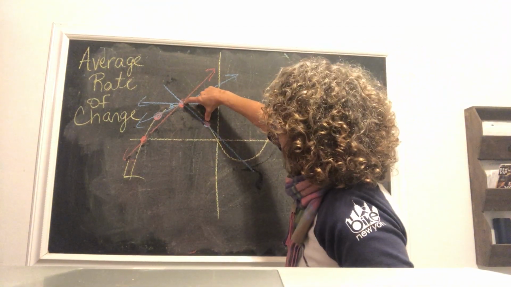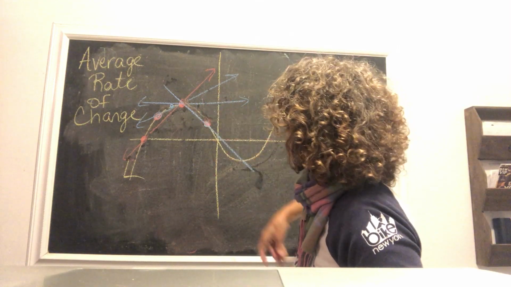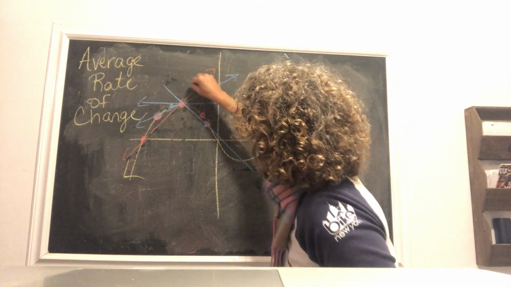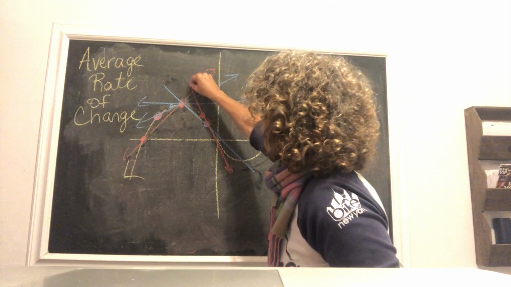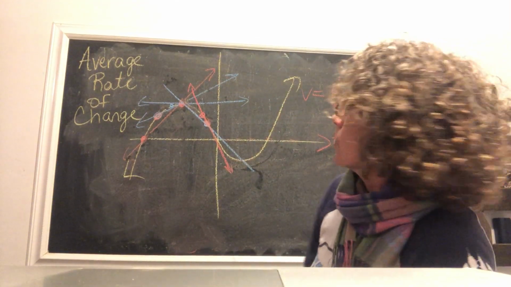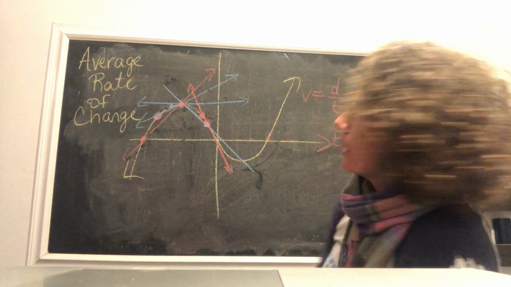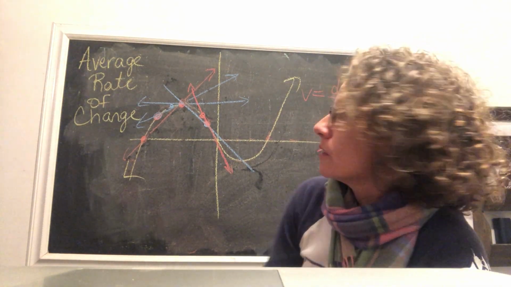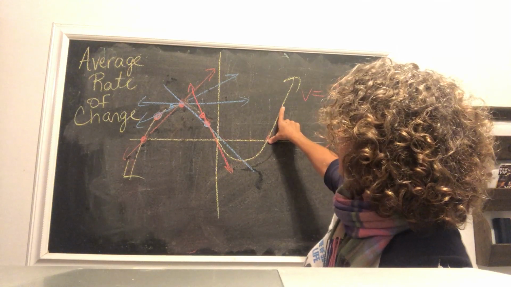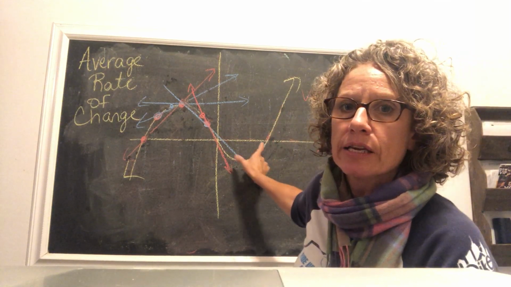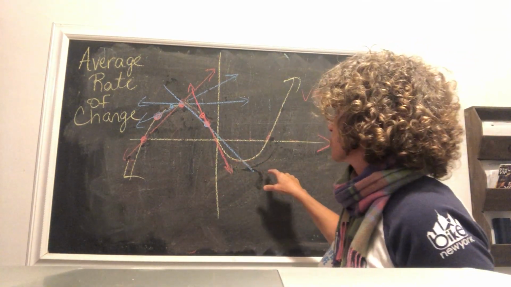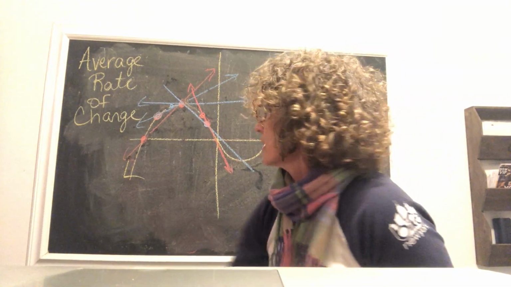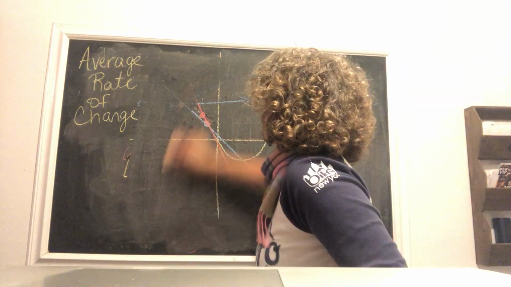So as we're decreasing this value in between, we're going to get a better approximation of the derivative of the function. Okay. So, an average rate of change, then, to recap, is how the function changes between any given domain interval on the function.